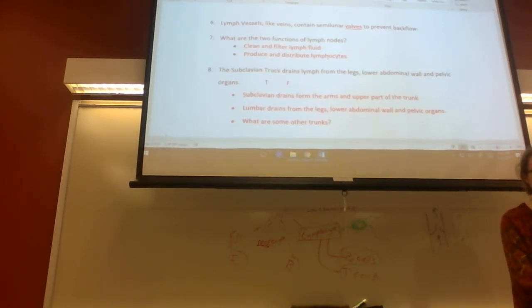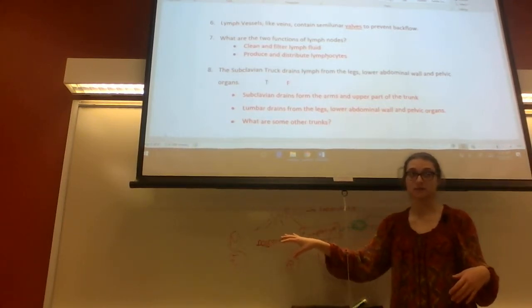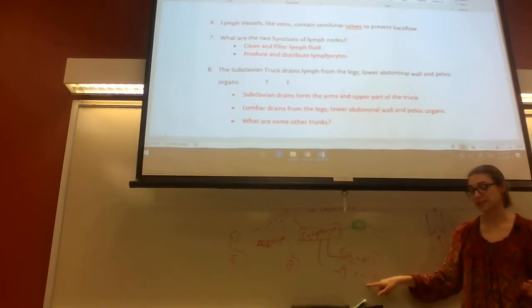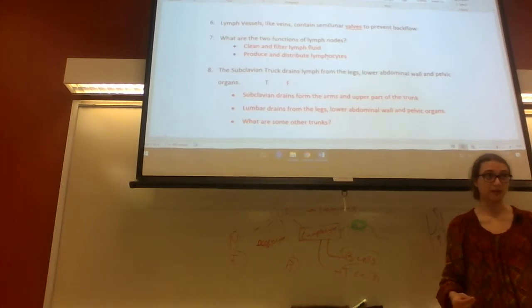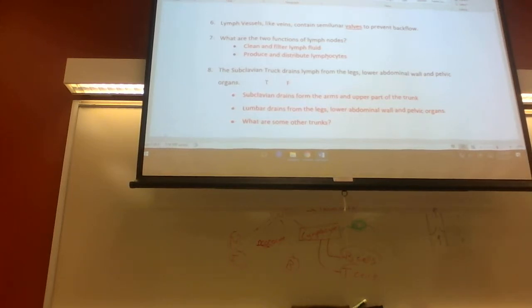Everyone has it. Non-specific immunity, like your skin and your mucous membranes. But your lymphocytes, your B cells and T cells, are part of your specific immunity. So there are two different worksheets on these. Just keep that in mind going forward.